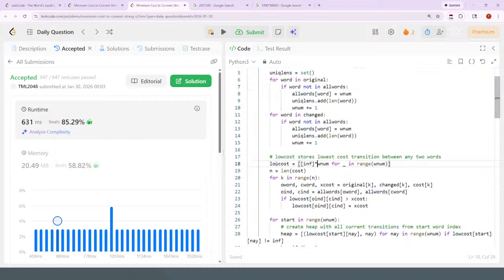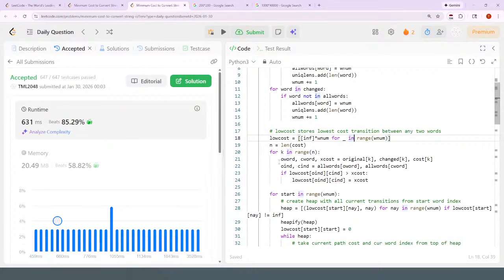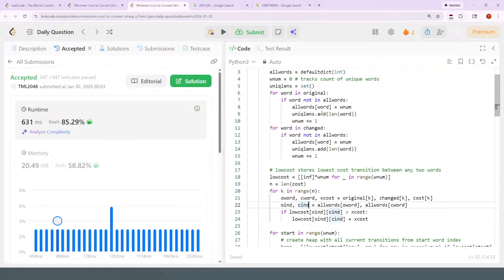Then here's the square transition matrix. Everything's by default infinity costing to transition from some originals to some changed. And then iterating over the space of original, change and cost entries. Get the original word index and the change word index. So just use the mapping.